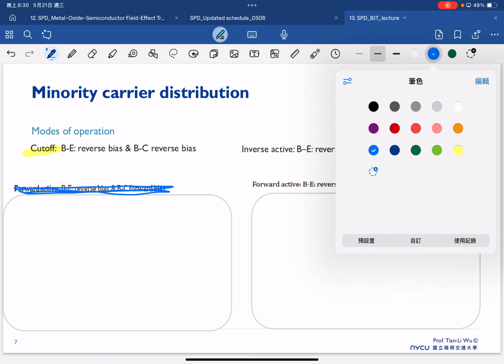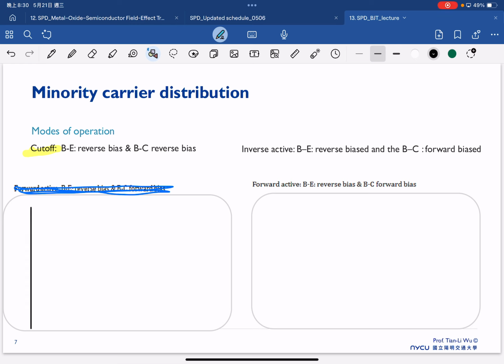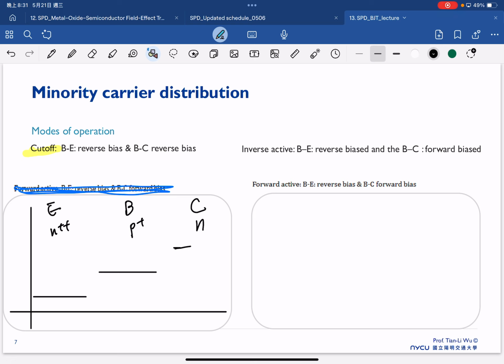So if we consider everything under reverse bias, this is E, B, C, N++, P+, N, and then the PE0, NB0, PC0, and then the depletion region here.